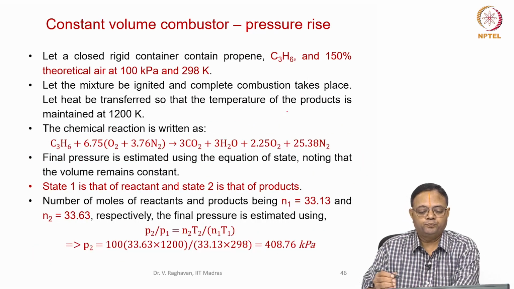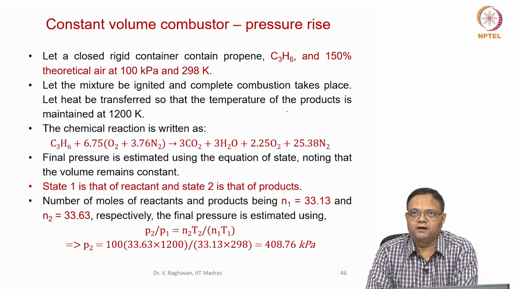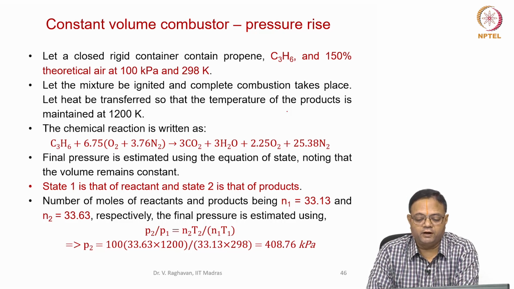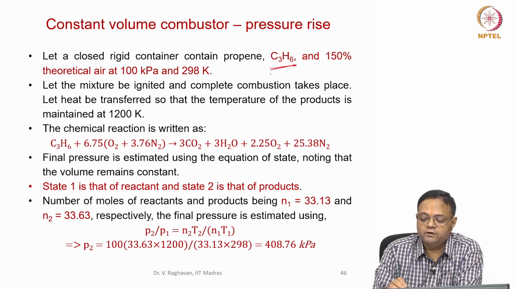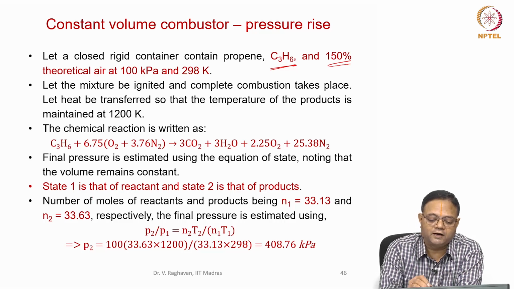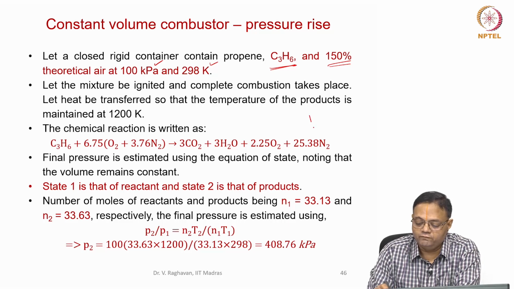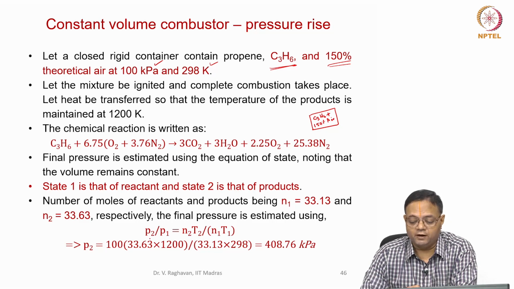So let us consider a constant volume combustor and try to evaluate the pressure rise in this, considering C3H6 and 150% theoretical air present at standard conditions, 100 kilopascals, 298 Kelvin. So you have a vessel in which you have the mixture of C3H6 plus 150% theoretical air, stoichiometric air.